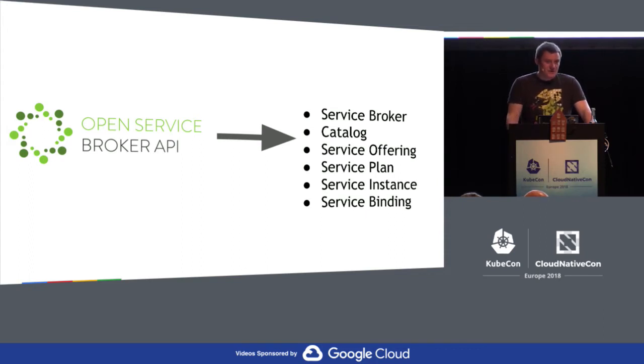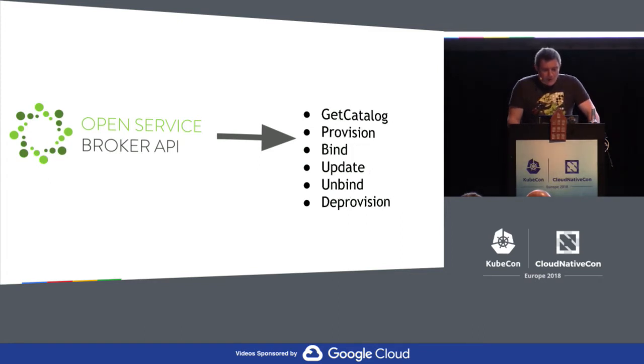And OSB is interesting because it doesn't really define what this means. So in my case, it could be something strange, like a light. A plan is a derivative of that, and we'll go over this more. And then there's the verbs and what you can actually do. So I can ask the broker, hey, get the catalog, or provision a thing, or update, or bind.